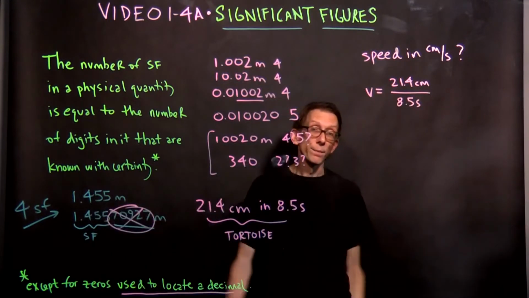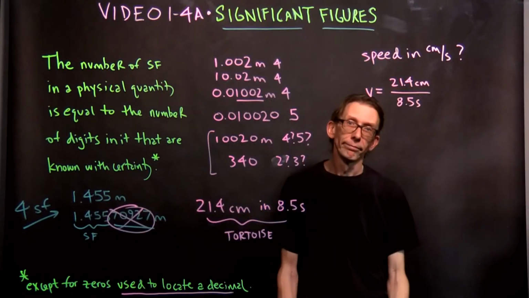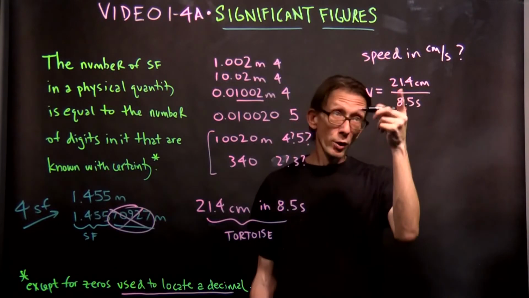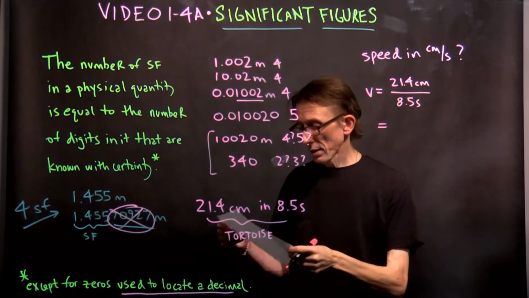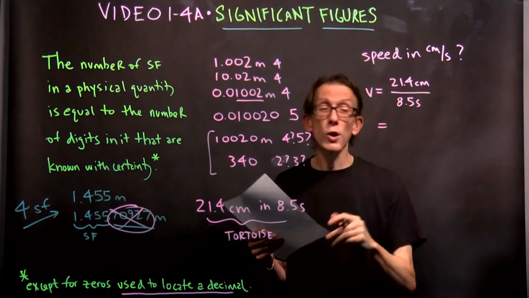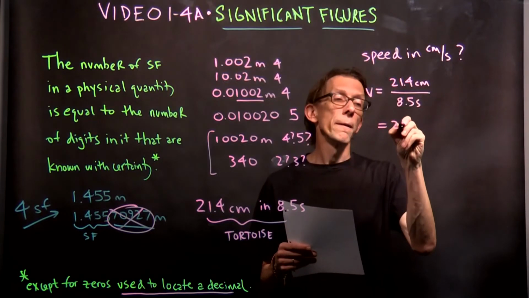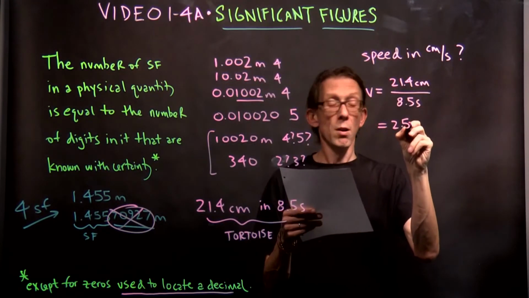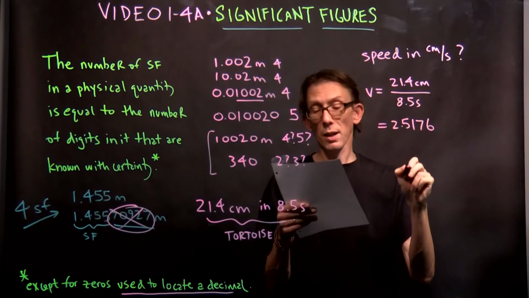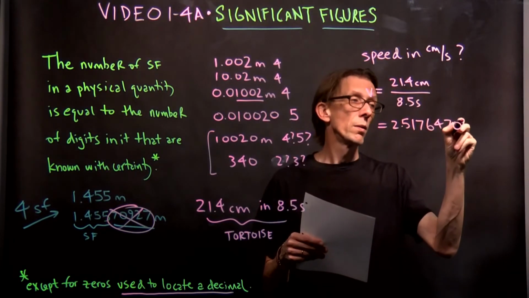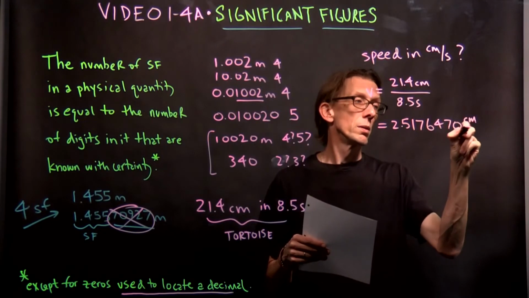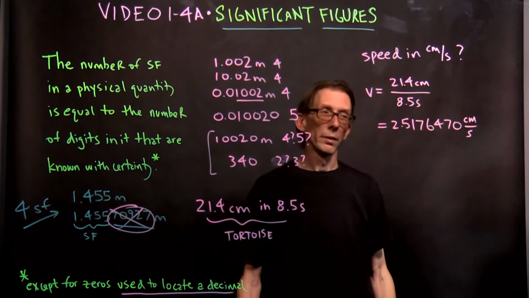That's the speed of Mr. Tortoise. So we can do the math. We can put that in our calculator, do the division, and we get, drum roll please, 2.5176470 centimeters per second.